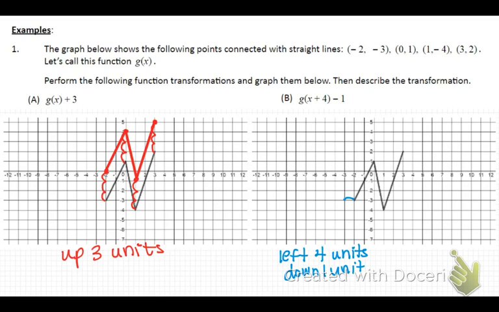I'm going to go left 4 units, and then down 1 unit. So left 4, down 1.